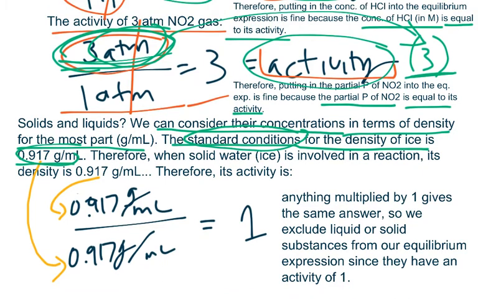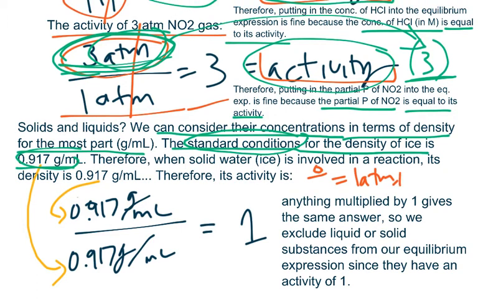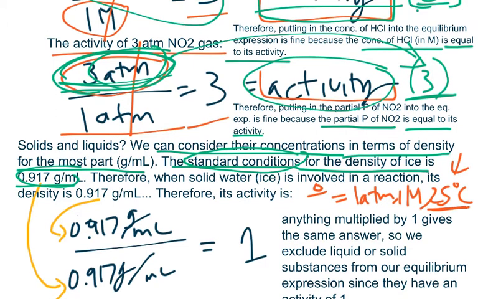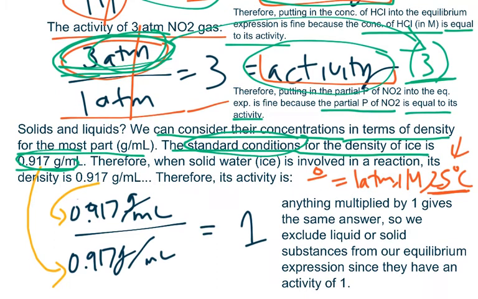Now, if you remember from enthalpy, the standard conditions is that little degree sign, and this means 1 atm, 1 molar for all solutions, and last but not least, 25 degrees Celsius, typically, but this can vary. So under these conditions, the density of ice at standard conditions is this.